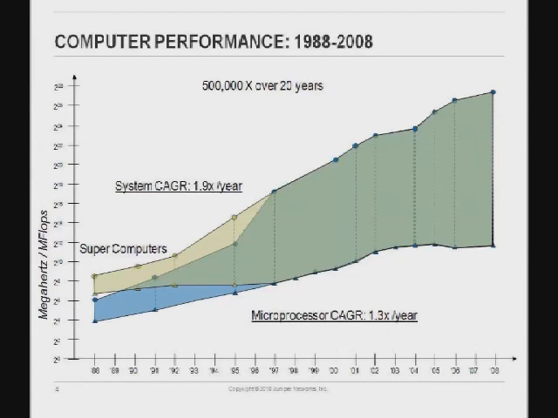You can see the system itself is growing almost 2 times a year, and the microprocessor itself is growing at about 1.3 to 1.5 times a year. The system is growing faster than the individual components, and that shows the value of the interconnect. Even inside a computer system, there is a network, or some sort of interconnect, that connects the components together.